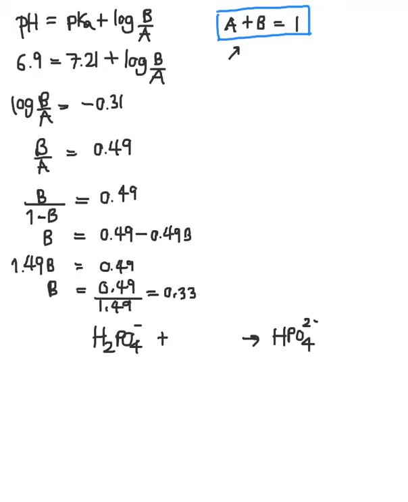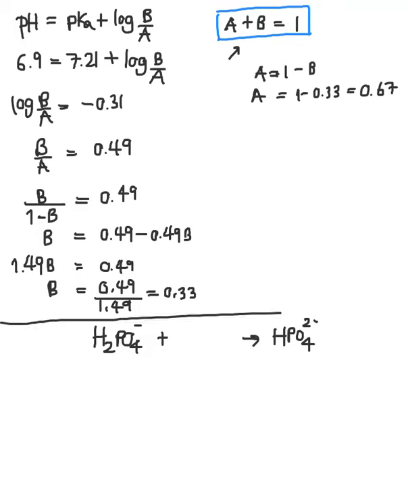So as we solve for B, we can solve for A using the 1 minus B here. So A will be equal to 1 minus 0.33, equal to 0.67, right?